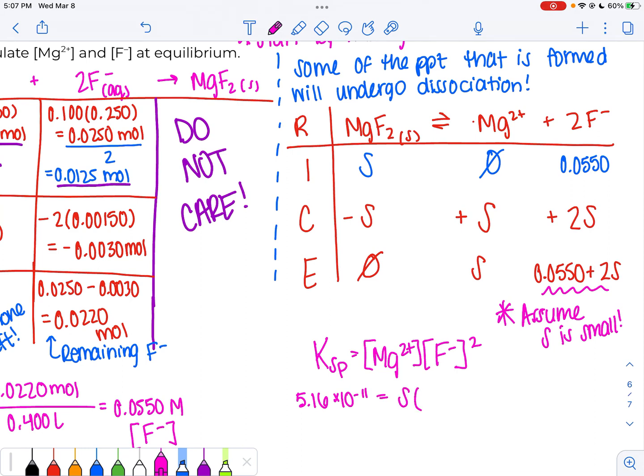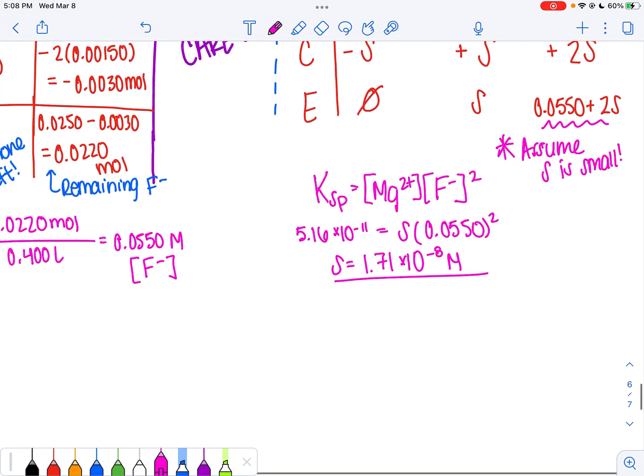Concentration of magnesium is S. Concentration of fluoride, assuming S is small, is 0.0550 squared. Squaring that, dividing that out on either side so we can solve for S, I'm just going to skip a couple algebra steps, gets us 1.71 times 10 to the -8th molarity. So here is the solubility.